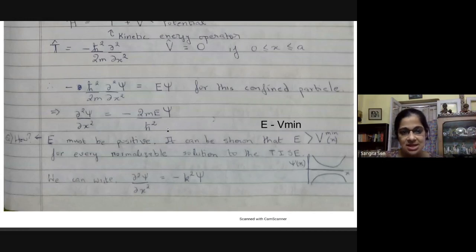So from this relation, we know somehow that E is positive. So how do we know that E must be positive?